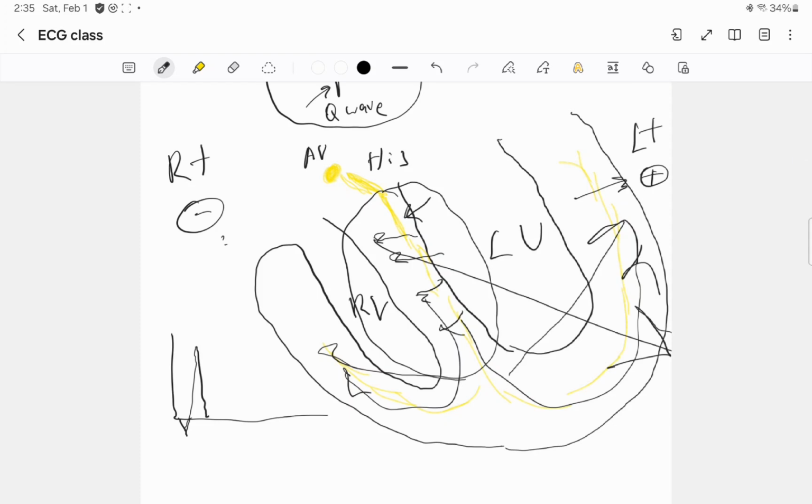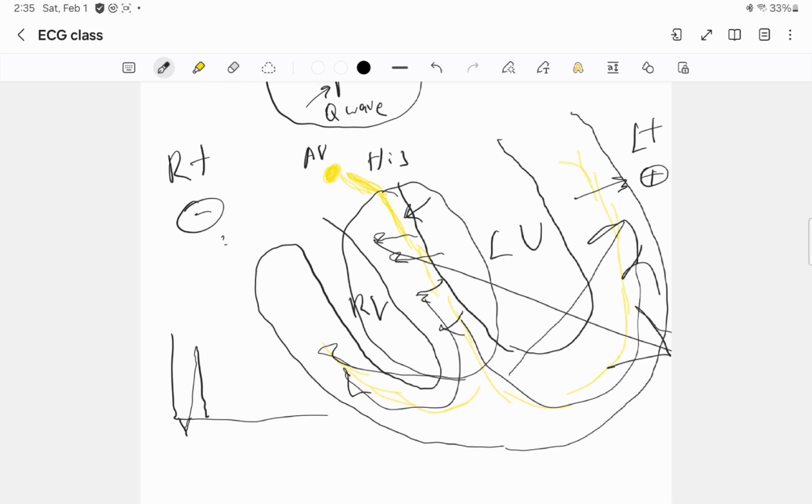Just to repeat, during septal depolarization, which happens first, the impulse will be going from left to right in the septum, going away from the positive leads on the left hand side. So you'll get a small Q wave. Then, during ventricular depolarization, even though some of the impulses are going towards the right, the left ventricle is a much larger muscular chamber.